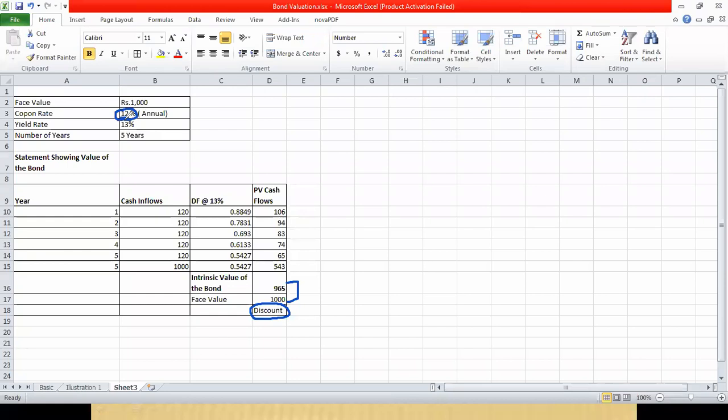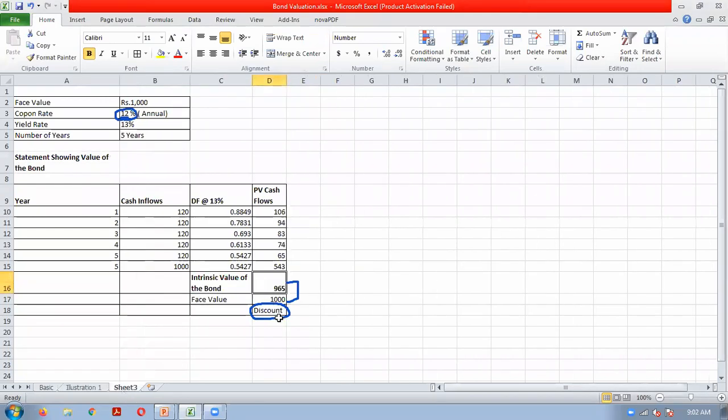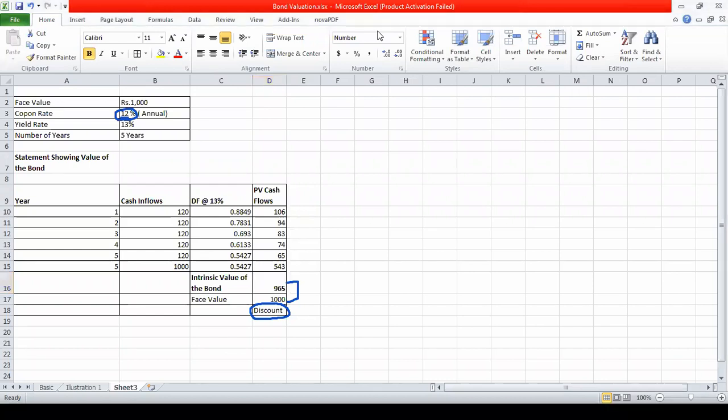A drastic change is coming in the bond value. The calculation part is the same, no change there.